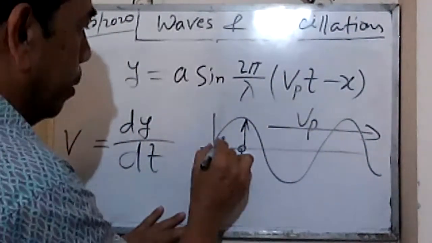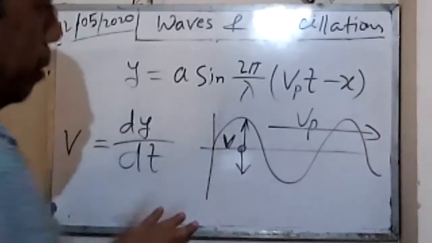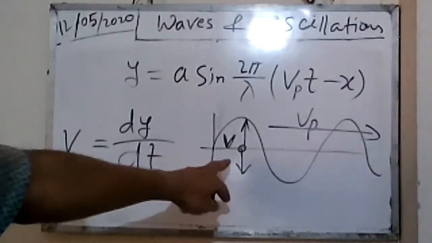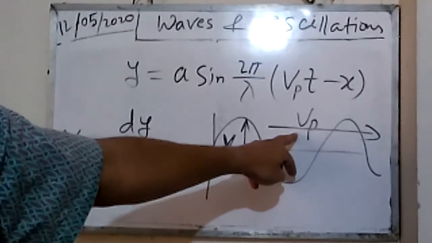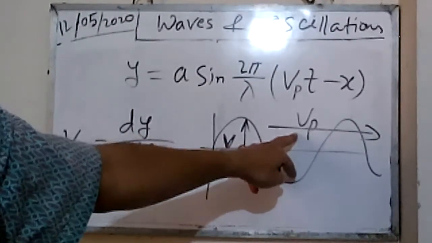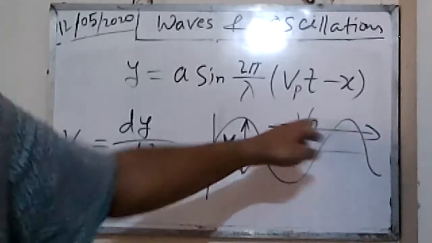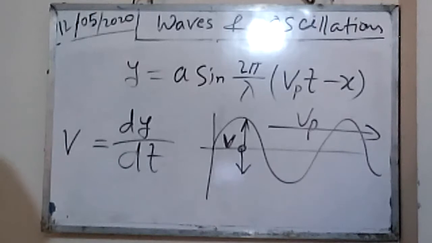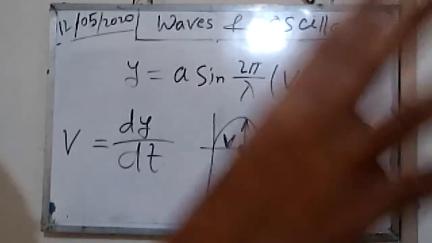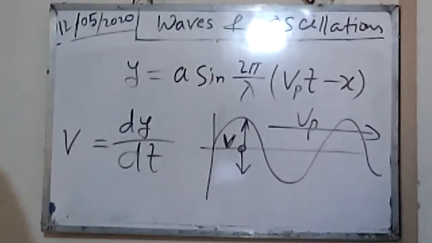Where the wave moves forward, the velocity is called phase velocity or wave velocity, and where the particle moves up and down, the velocity is called particle velocity.